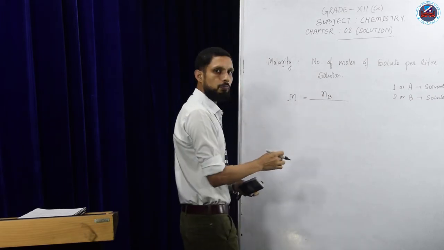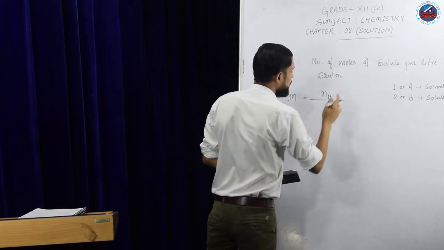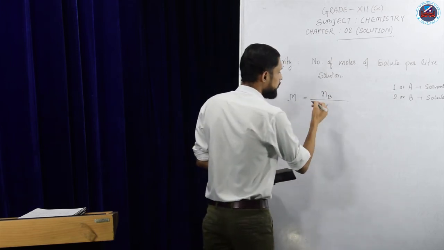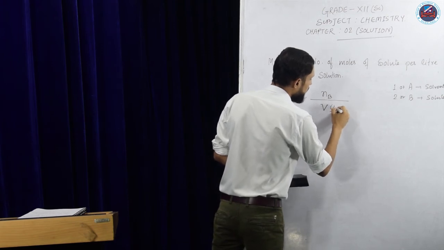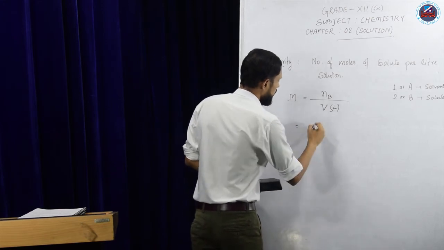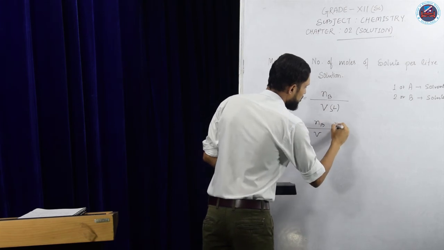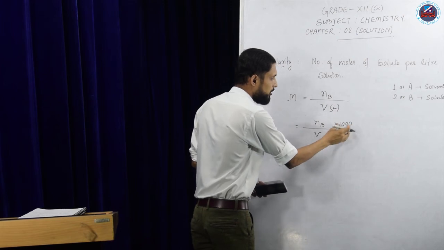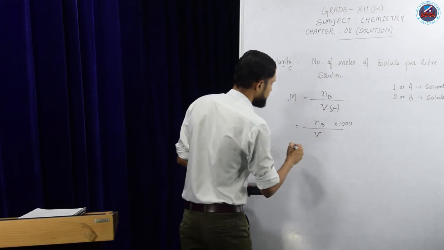N means number of moles. So NB is number of moles of solute by V. V means volume, volume of solution, and it should be in liter. Or you can write NB by V and multiply by 1000. Now if you multiply by 1000, you can use volume in terms of milliliter.